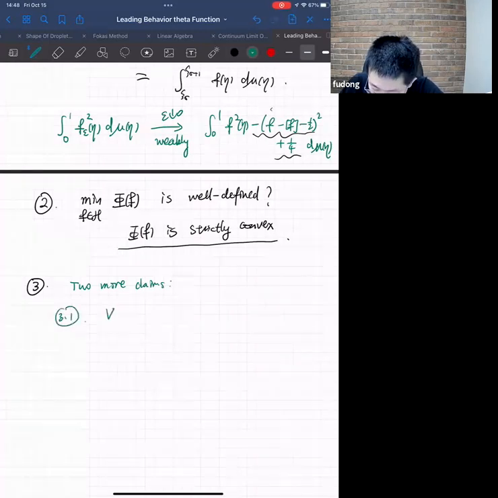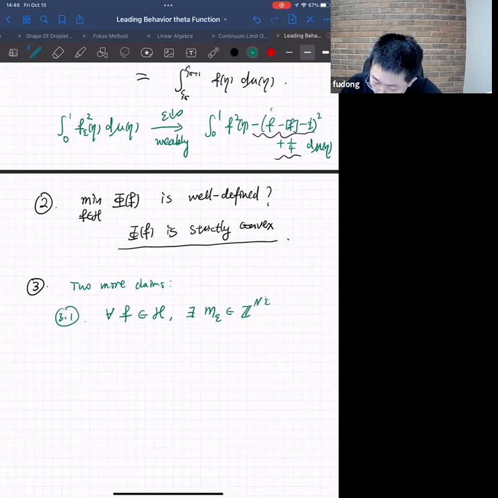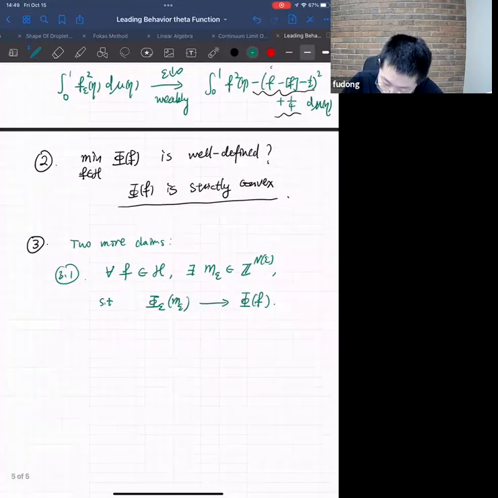The first claim is, given any function in H, you can approximate it from the discrete one. So there exists m epsilon, which gives you a sequence with index epsilon, such that phi epsilon of m epsilon will approximate phi of f. This is the first claim.